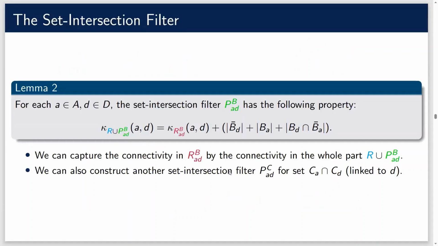So this is the set intersection filter, and it just simulates BA cap BD and CA cap CD, and we can go to our oversimplified example.